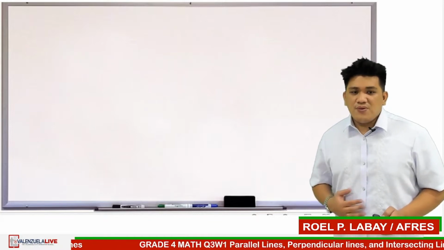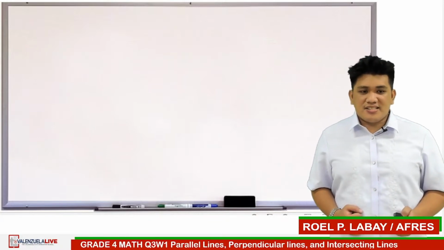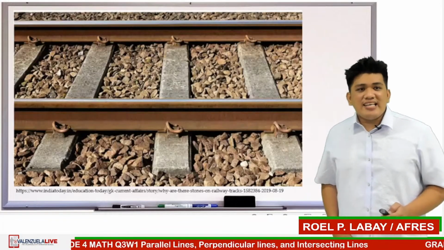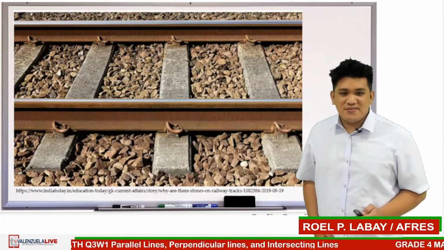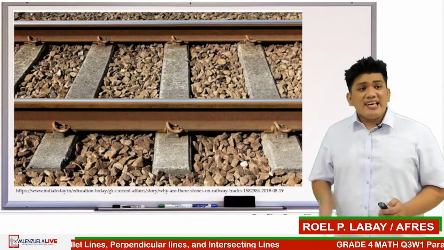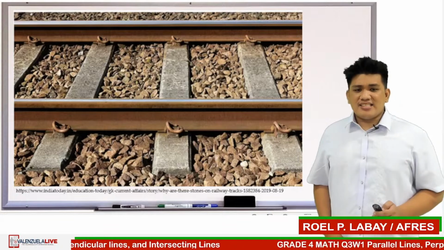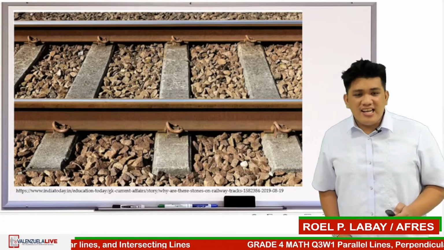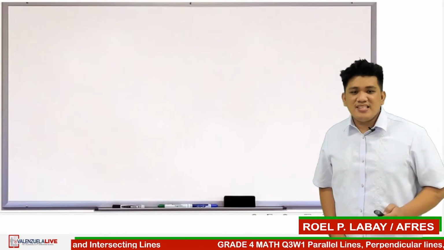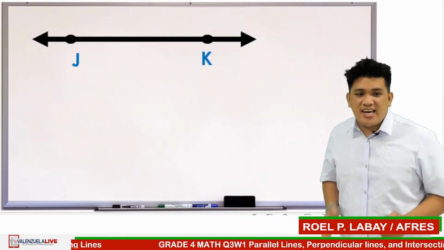Now, let us discuss a pair of lines. What can you say about this picture? This is a railroad track. It is a good model for parallel lines. So what is a parallel line? We name this line as line JK.